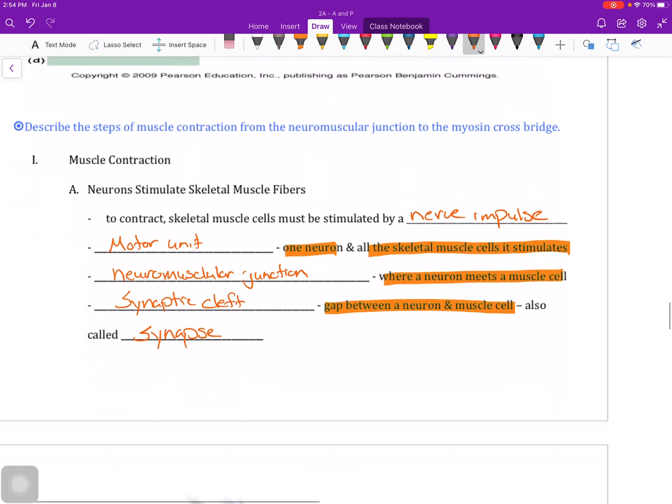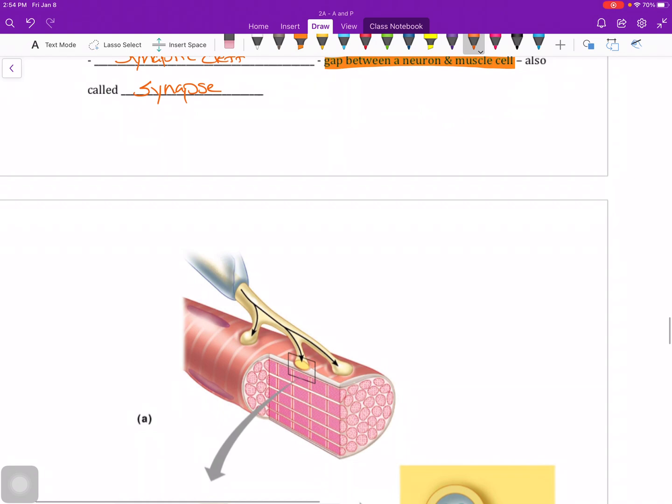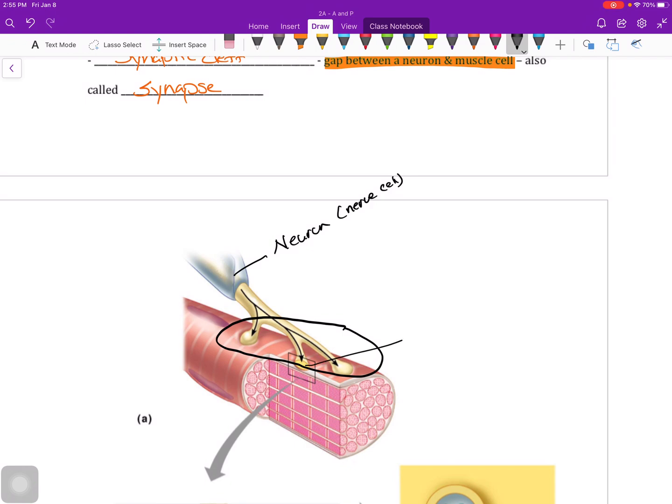All right, so let's take a look at this. Here is my neuron. This is my nerve. Remember, a neuron is a nerve cell. Okay, now this area right here, where all of these neurons meet this muscle cell, what we're looking at right here is your neuromuscular junction.